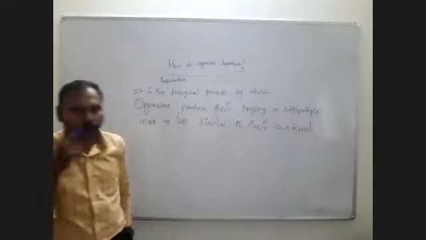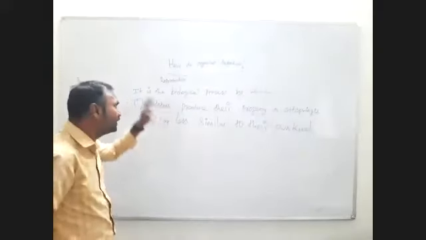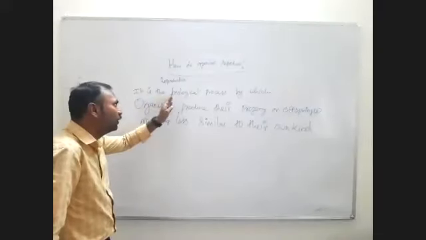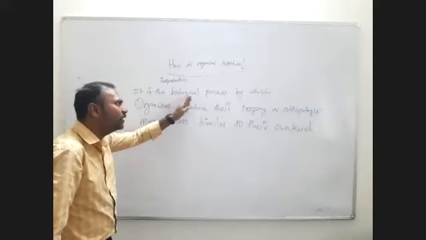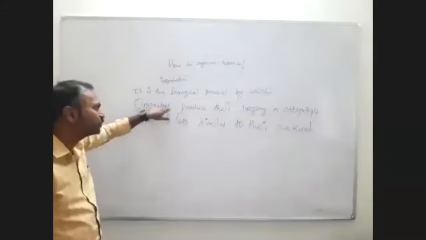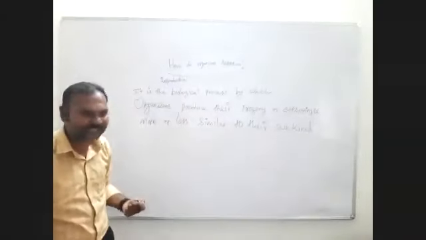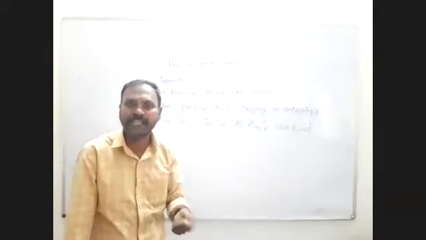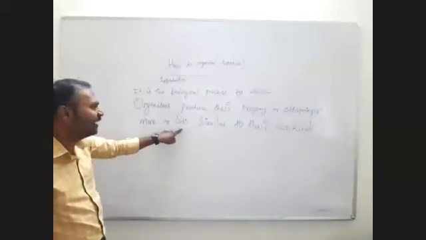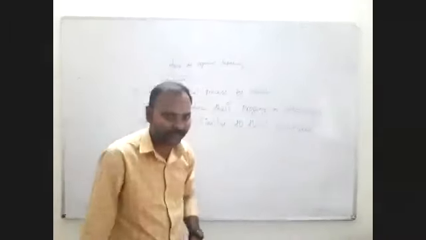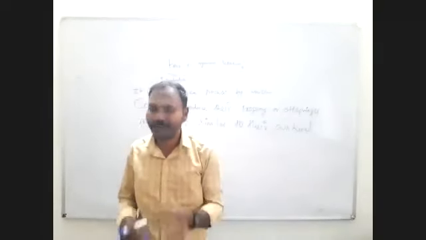Correctly, we define the reproduction process: reproduction is a biological process by which organisms produce their progeny or offspring. These are words you can say whichever way you want: progeny, offspring, young ones, whatever. More or less similar to their own kind. So this is the simple definition we can give for reproduction.